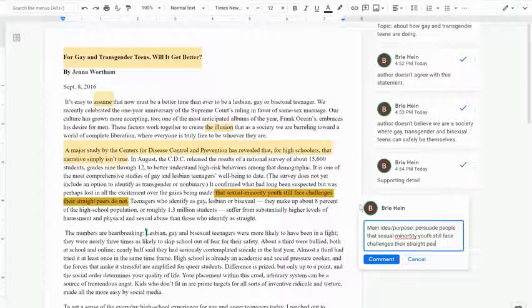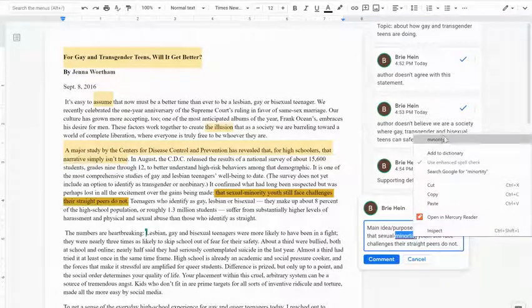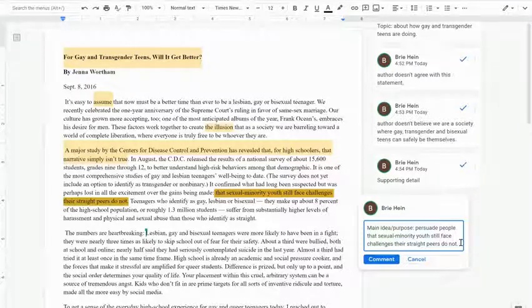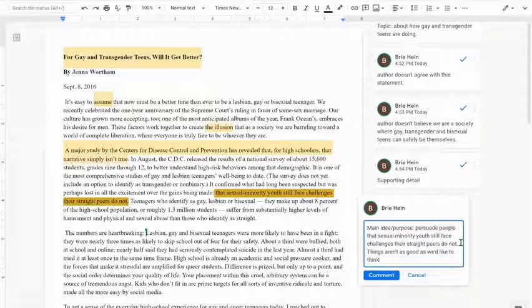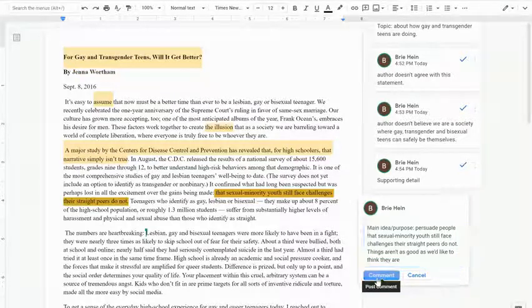So that's making me think that the author is trying to persuade us that perhaps things aren't as good as we'd like to think they are. Trying to get people to wake up to this idea.